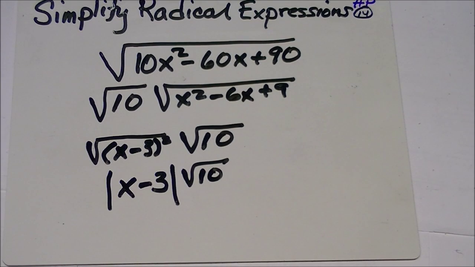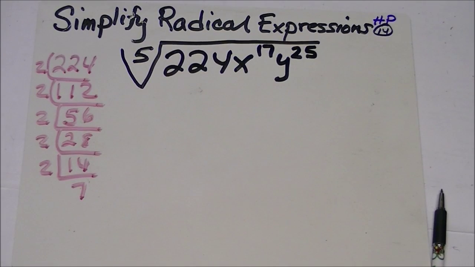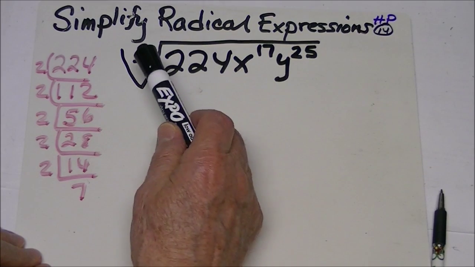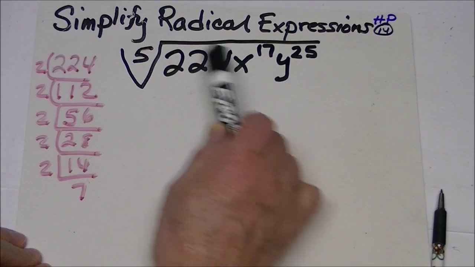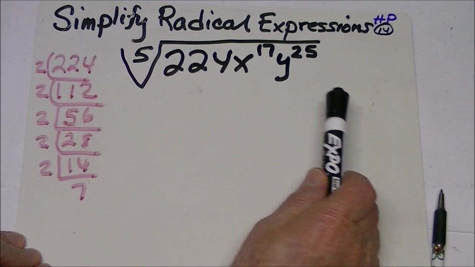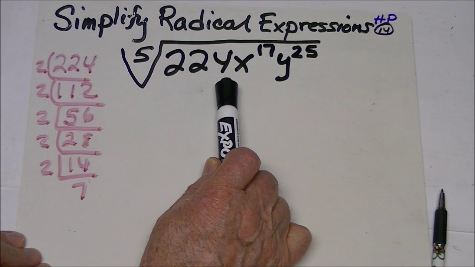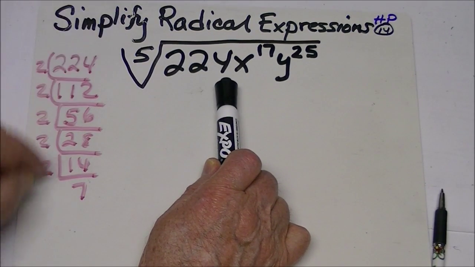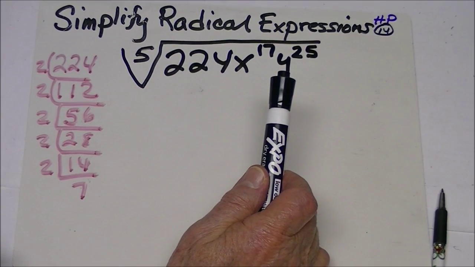But absolute value signs also act as a grouping symbol. So another example. As we look at this next one, it's the fifth root of this, and we're asked to simplify it through factoring. Now we see the number 224, and we're wondering, is there a perfect fifth factor in there?